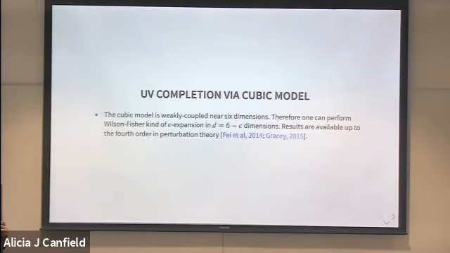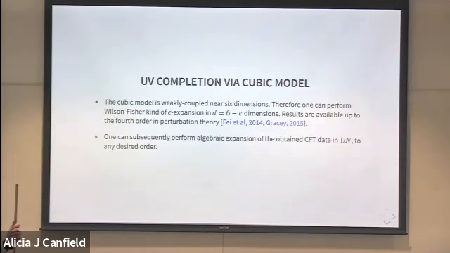All right. So those cubic couplings are slightly relevant below 6 dimensions. And you could do a perturbative expansion below 6 dimensions, and people actually invested quite a lot of effort into that, doing calculations up to 4th order in perturbation theory. And then you start wondering, how will you go about proving that the CFT you obtained is the same as the O(N) vector model?